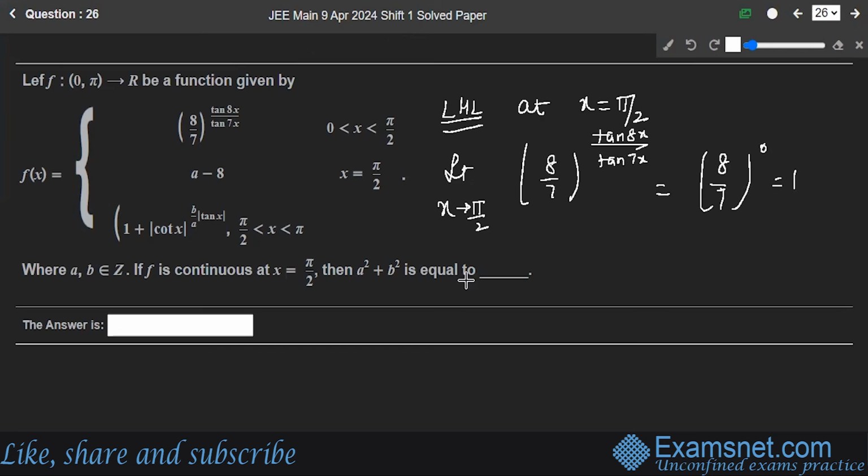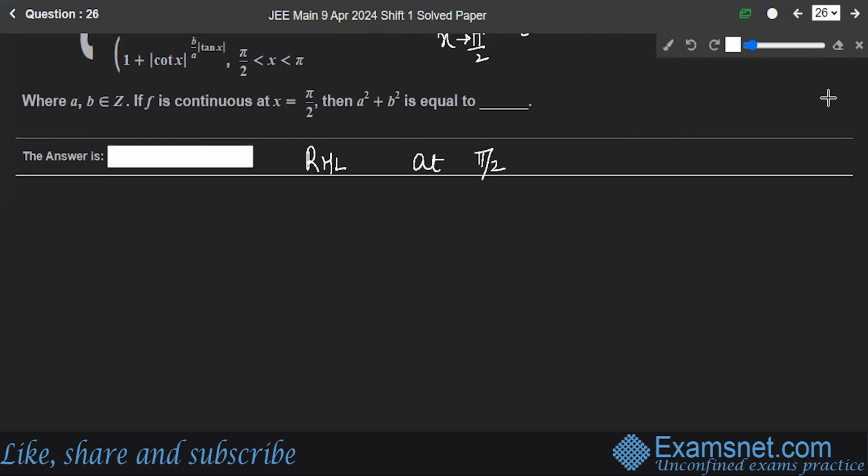So let's go with the right hand limit of the function at pi by 2. This will be given by the limit as x approaches pi by 2 of (1 plus mod of cot x) raised to b upon a tangent of x.